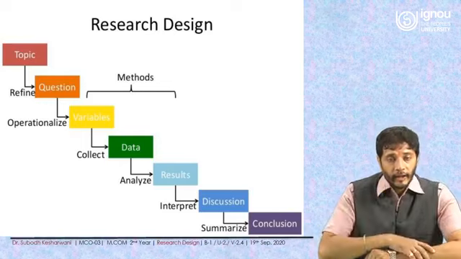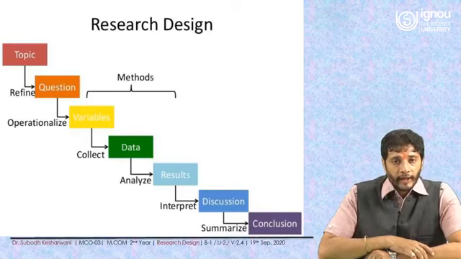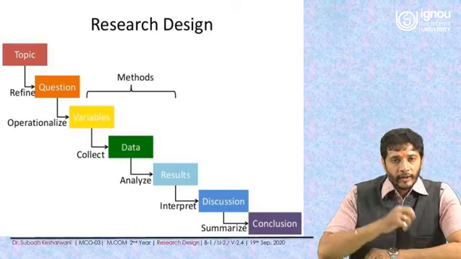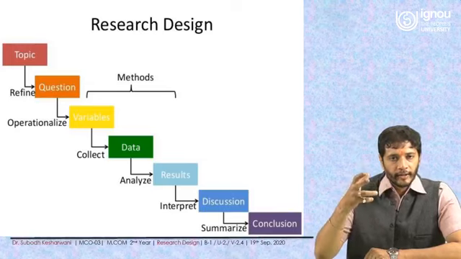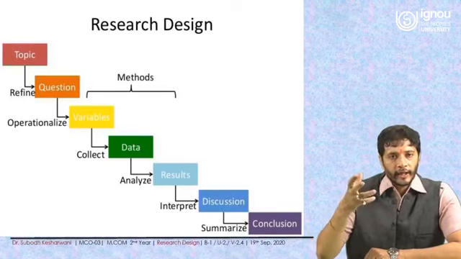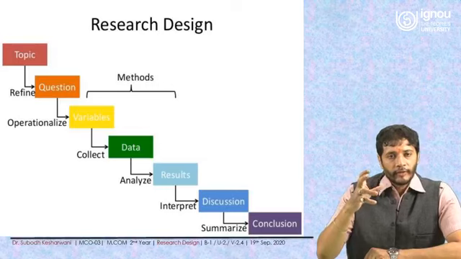Then the data comes. Data is a very important ingredient when we talk about research, because the data varies with the change of scenario and circumstances. So how are we going to collect the data when there are favorable circumstances, and when there is an adverse situation?